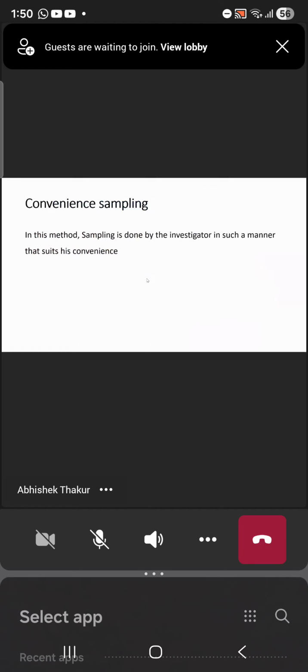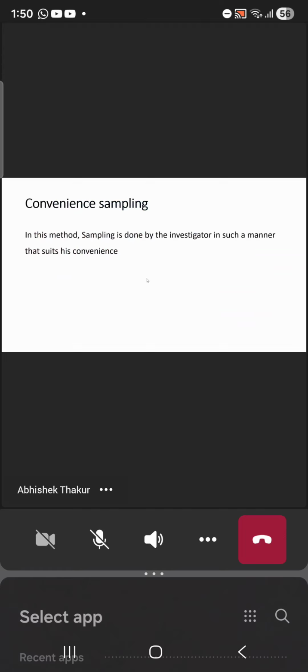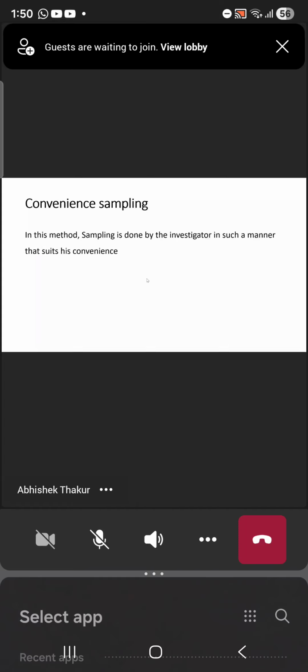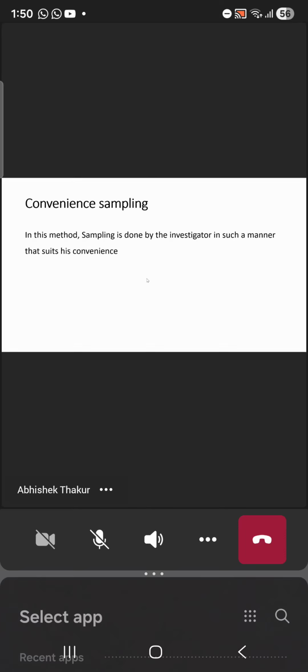Next is convenience sampling. As the name already tells, in this method the sampling is done by the investigator in such a manner that suits his convenience. There is no such specific method. A researcher or scientist can collect the data based on his or her convenience.